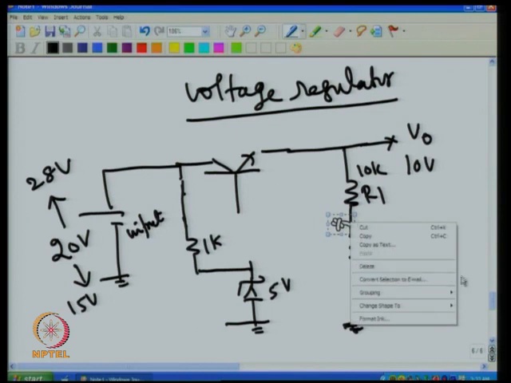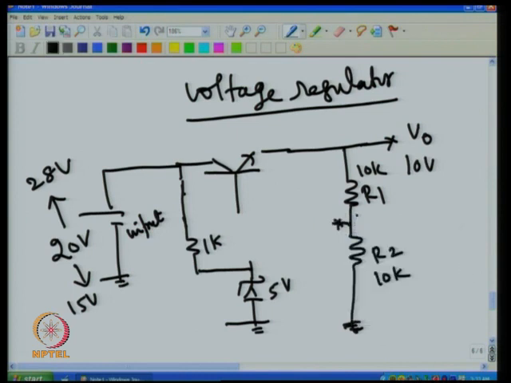So whatever voltage is there, half of that voltage will come here. Now I add the transistor. All that I do is I connect this here, connect this here, and connect this here. That becomes a voltage regulator. Now I know that this is sitting at 5, even if this current goes up, this will always sit at 5. Then I add one more resistance here.